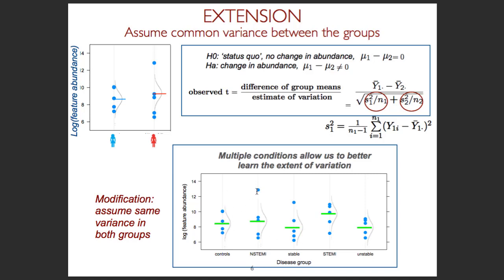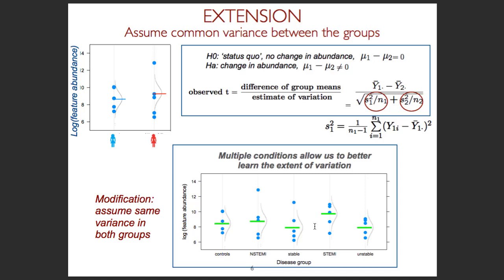However, the variability around the mean in each group may have something in common. For example, we can say that the variance is actually exactly the same in all the groups. Or we can say something like the variance is a function of the mean, and this function is the same across all the groups. Essentially, we can make some assumptions which would allow us to learn more about the variation in each group by combining information from different groups.